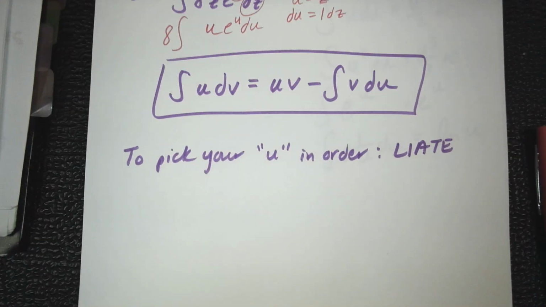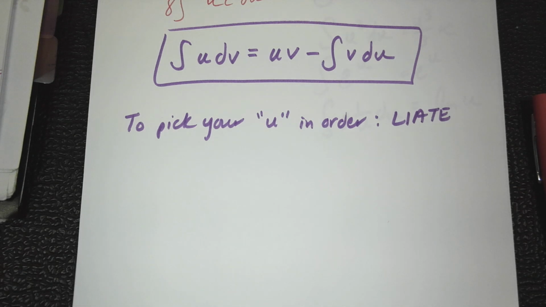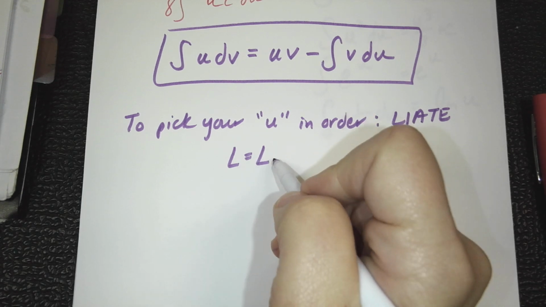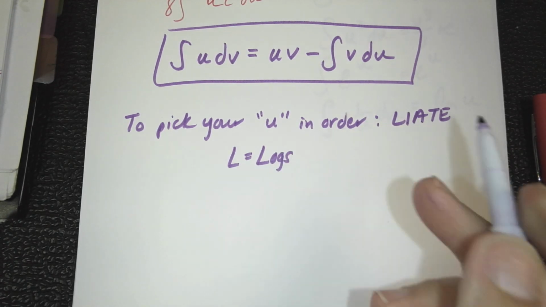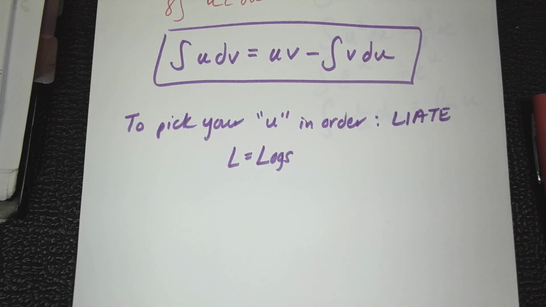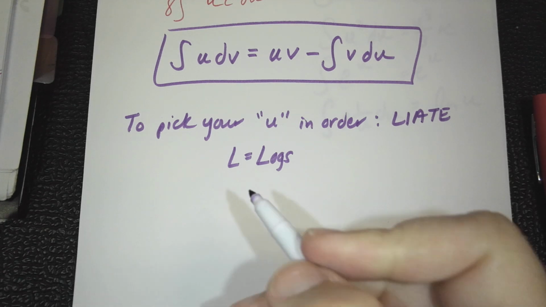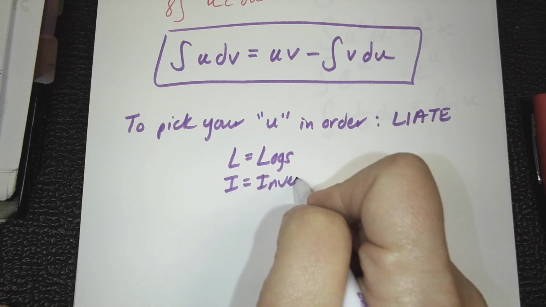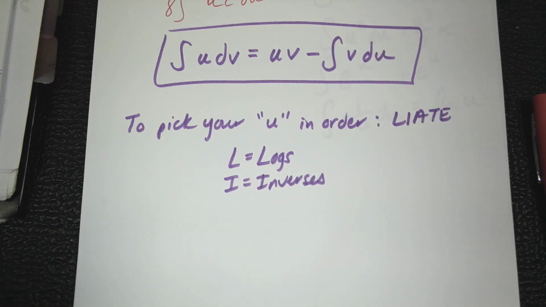L represents logs, or logarithms, or ln's. You want to let that be your u first. I stands for inverses. You don't have to worry about that here because we didn't do inverses in brief calculus. We do inverses in Calc 1, but we won't do it in here.